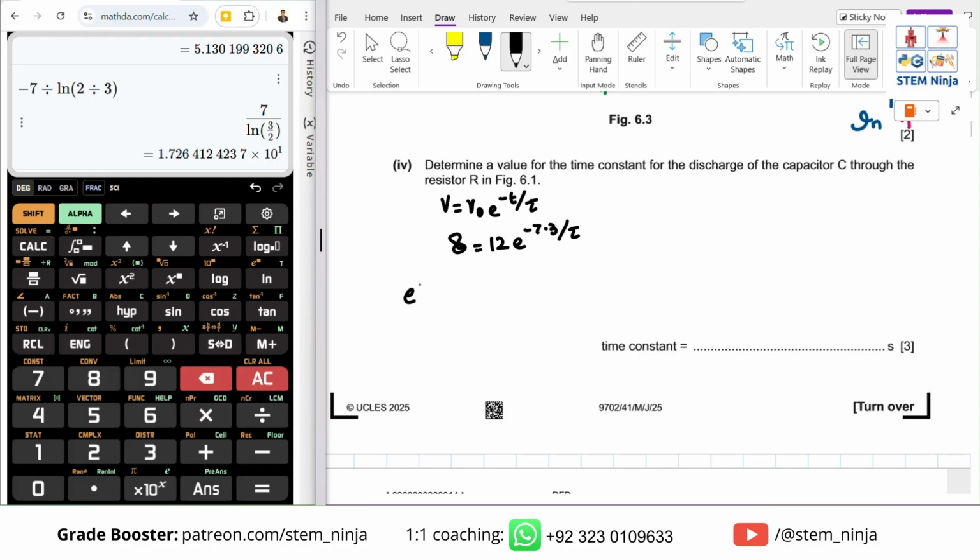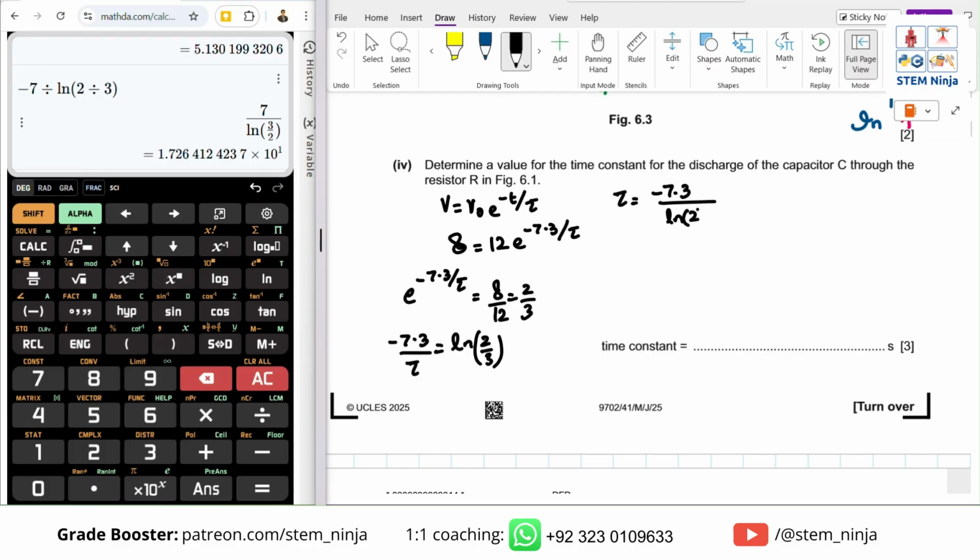So e to the minus 7.3 divided by tau is equal to 8 over 12, which is 2 over 3. When we take the ln on both sides, we get minus 7.3 divided by tau equals ln 2 over 3. Therefore, tau in milliseconds would be minus 7.3 divided by ln 2 over 3.